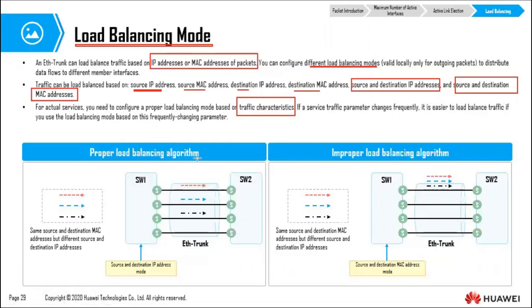So proper load balancing algorithm and improper. Let's try and understand why we are saying this is proper and why we are saying this is improper. So here we have packets that have the same source and destination MAC address, but different source and destination IP addresses.